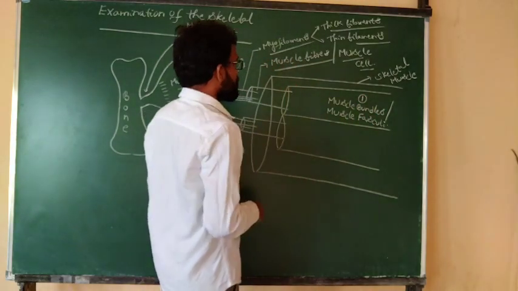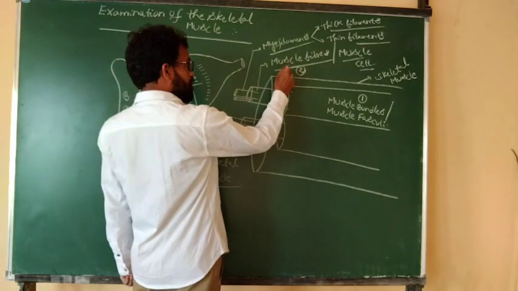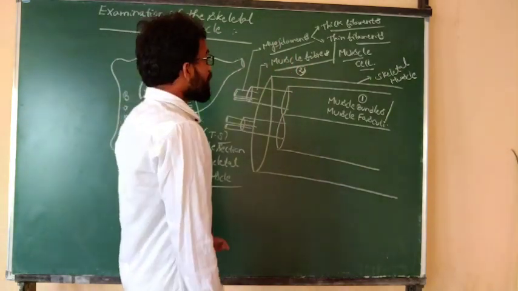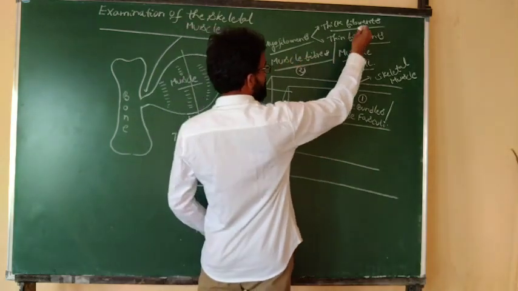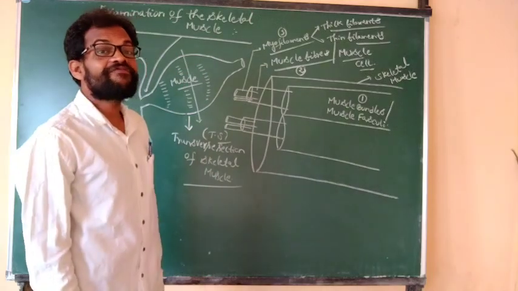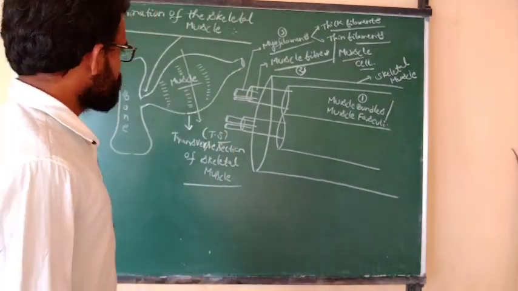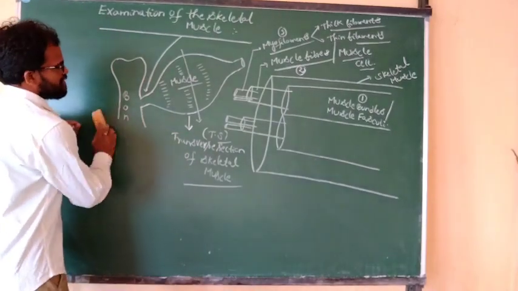These muscle bundles consist of muscle fibers. The muscle fibers consist of myofilaments. These myofilaments are thick filaments and thin filaments.